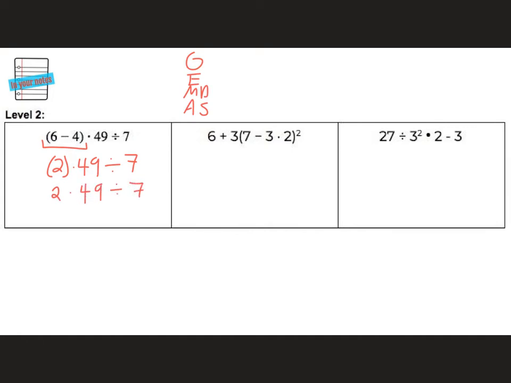Now we're left with multiplication and division. So when I look at multiplication and division, we're moving from left to right to solve this problem now. So we're going to start with 2 times 49. I like to think of this like 2 times 50, which I know is 100, but then we went over twice. So we're going to back it up to 98.